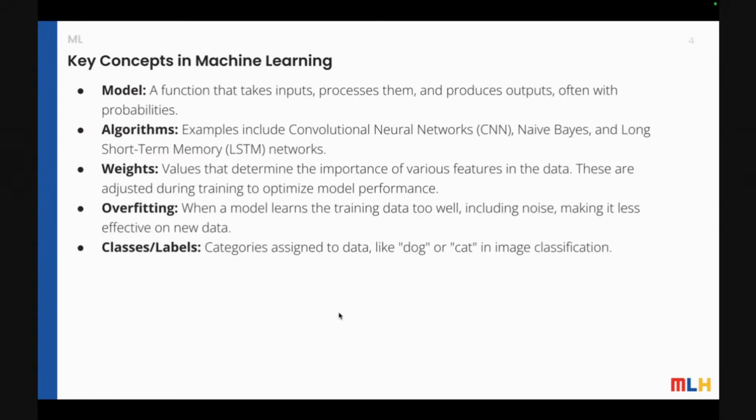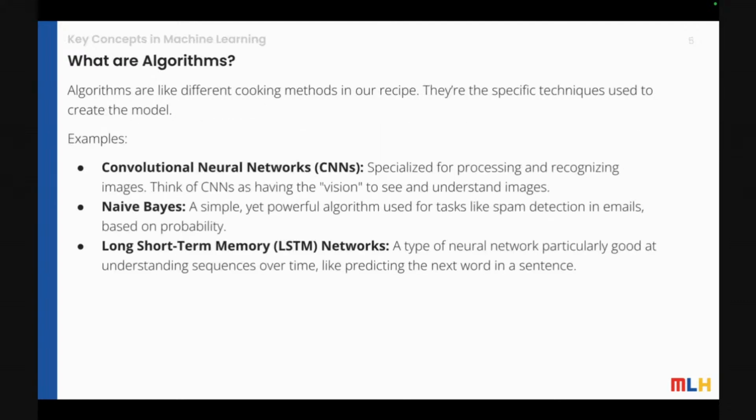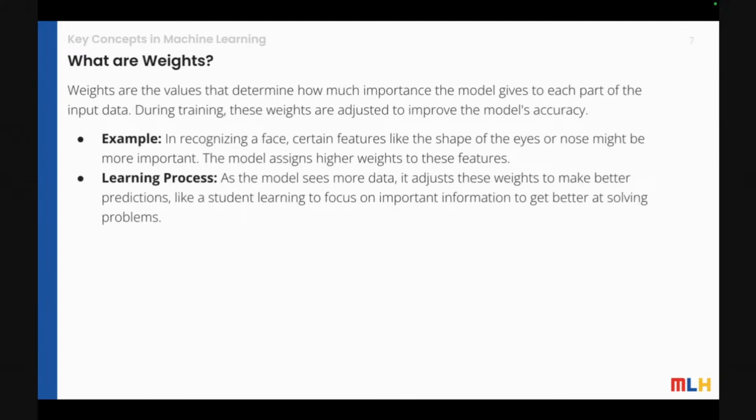Going back actually, weights. This is another keyword that will be used a lot. So what are weights? These are the values that determine the importance of features in the data. So if I have to give some more description, weights are like telling which part of this whole data is much more important.